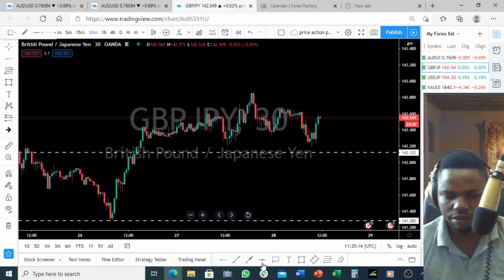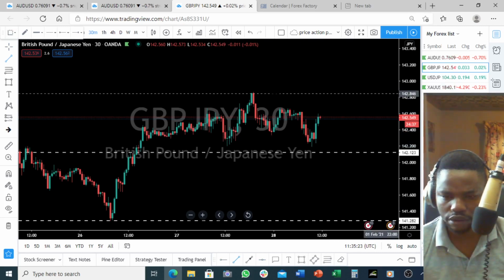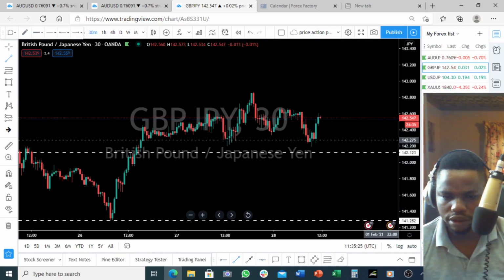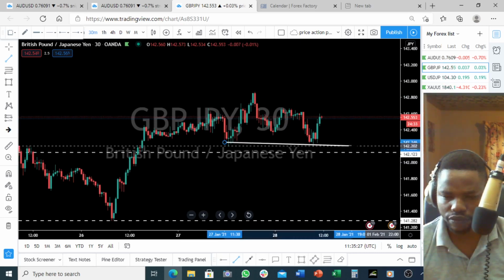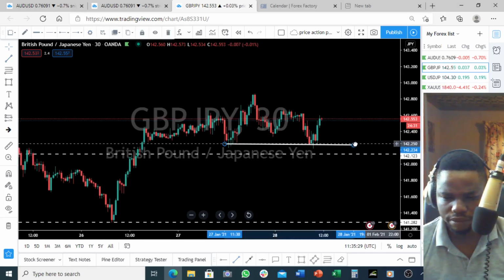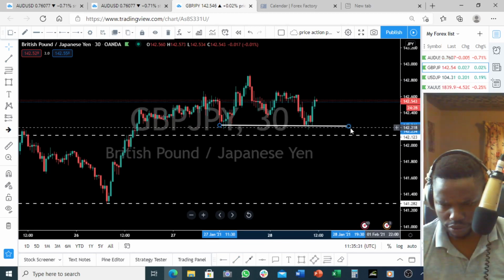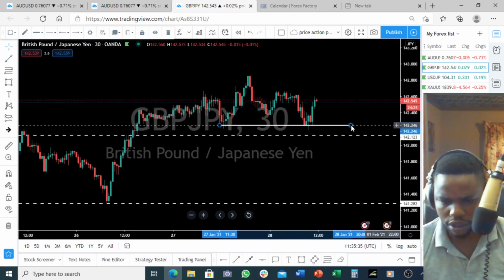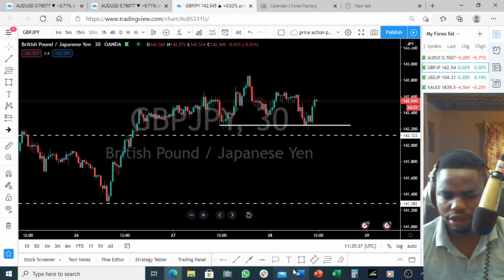Let me just use this line. I only see support here because of the line going down. Okay, I see support here. I see support here. I see this level being supported here.